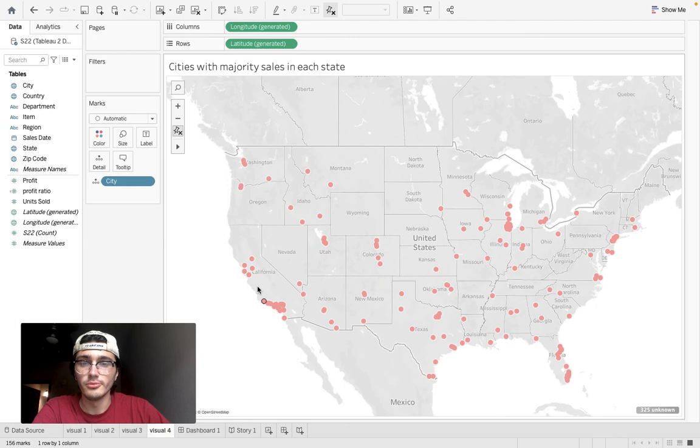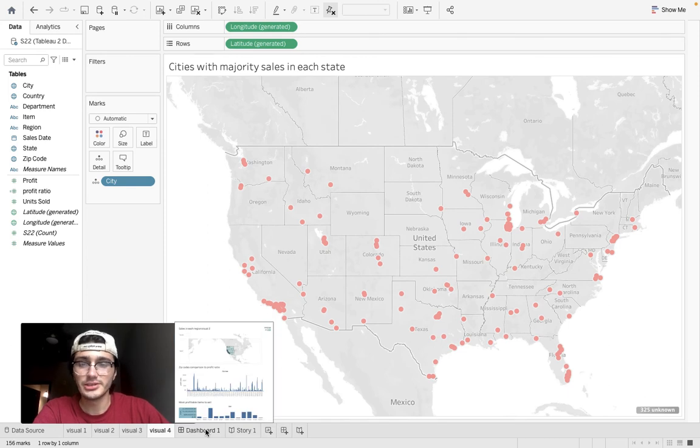You have Santa Barbara, Morgan Hill, more money in these places, so we're obviously going to be selling more products. As well as Florida, you're looking at Fort Lauderdale, Kissimmee, Daytona, as opposed to places like Wyoming where you're probably not going to sell nearly as much, which is important in understanding how your market works.